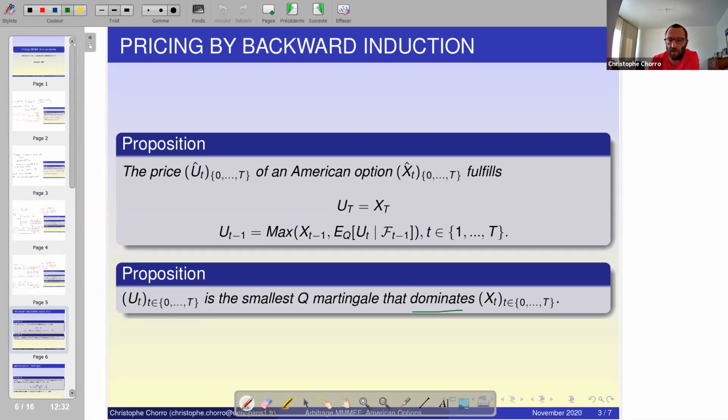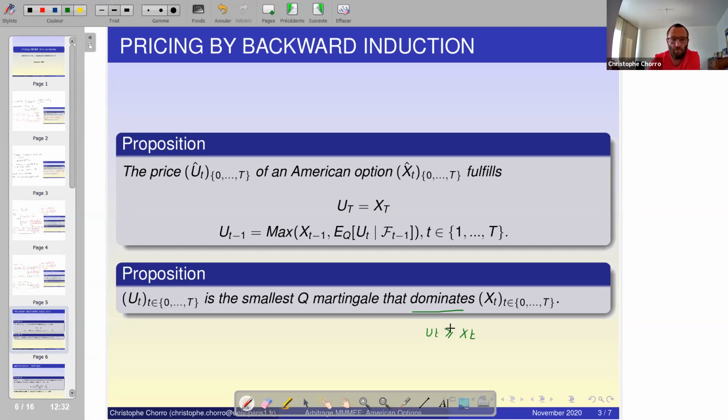By dominates here, I mean, okay, U_t greater than X_t. So if you want, it's the best thing that you can do if you want to approximate X_t at any time by a Q martingale.